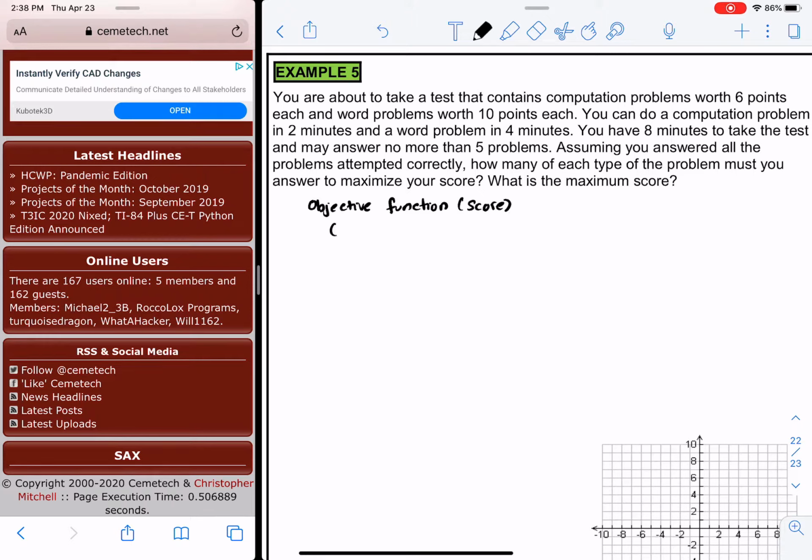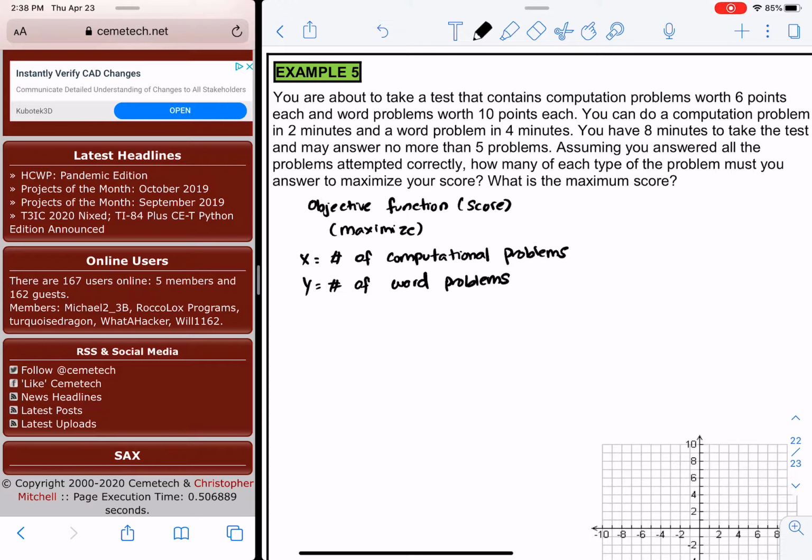And the goal is to maximize. We don't want a minimum score, we want to maximize it. And I'm going to define x to be the number of computational problems and y to be the number of word problems.